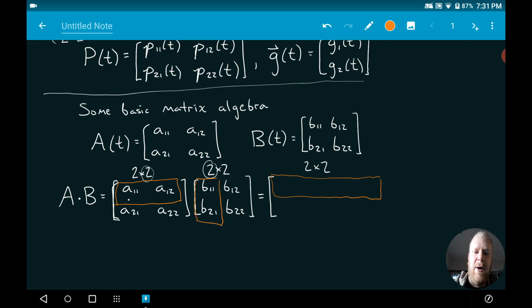So we start with the leftmost term here, and the topmost term here. So this is going to be A11 times B11, since that's the left and topmost term, and that's going to be plus A12 times B21.